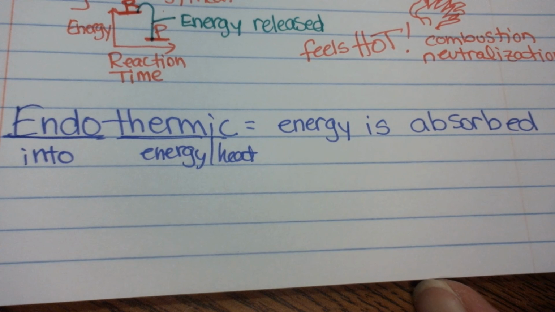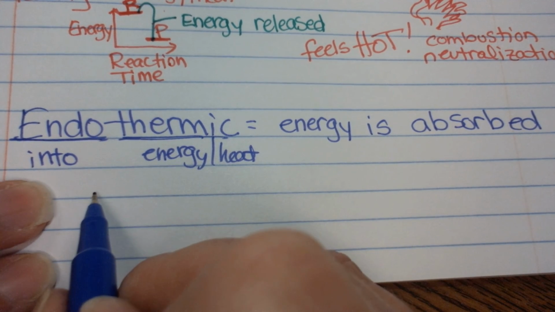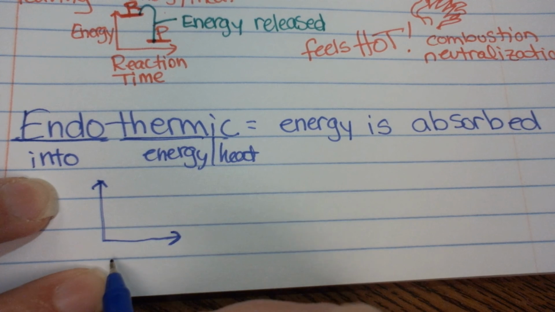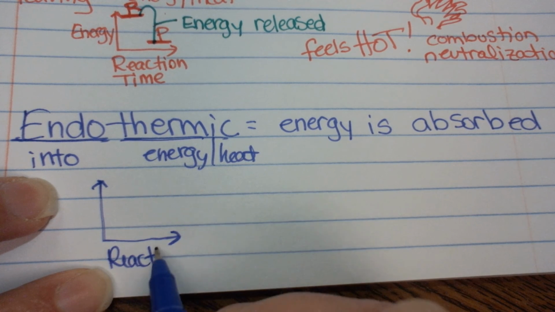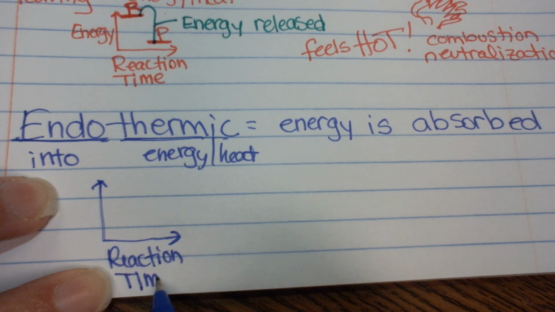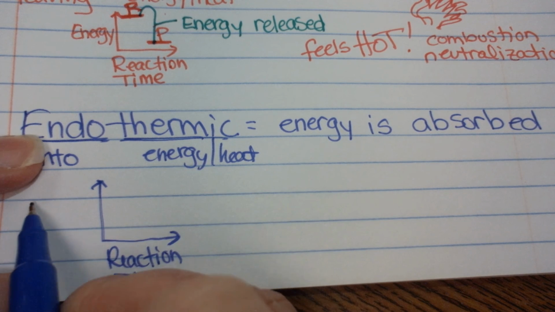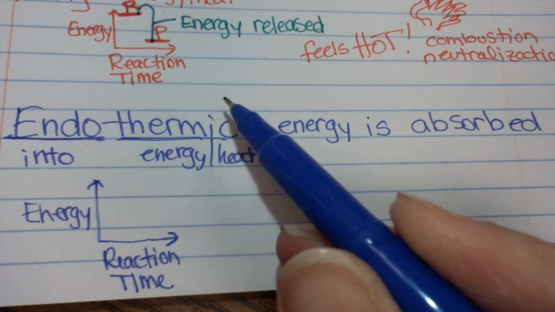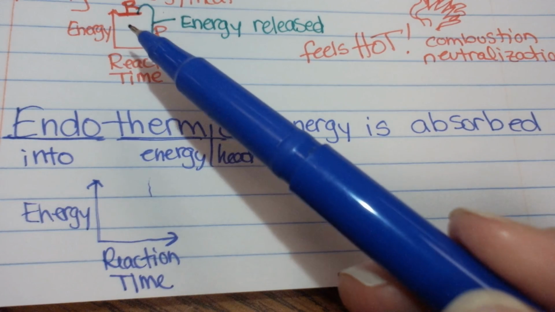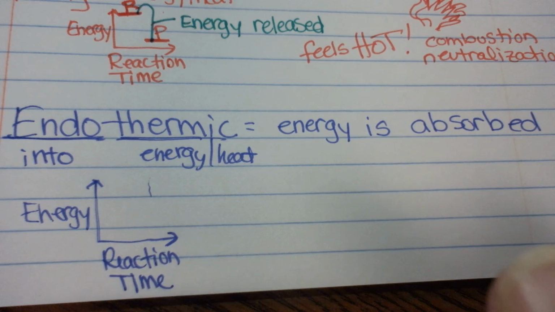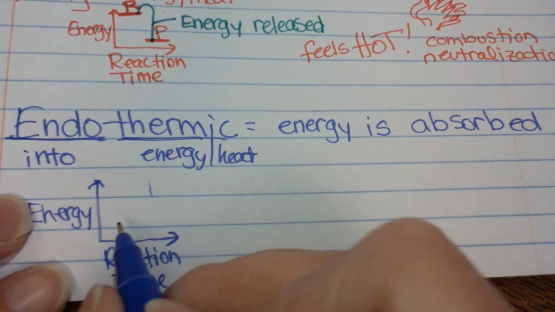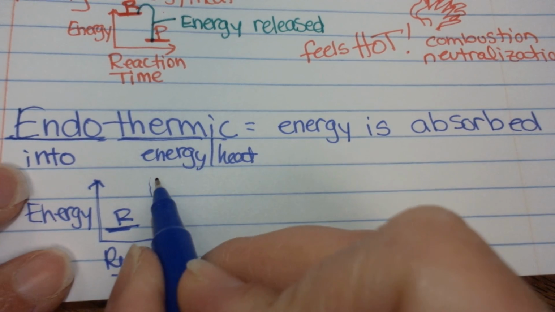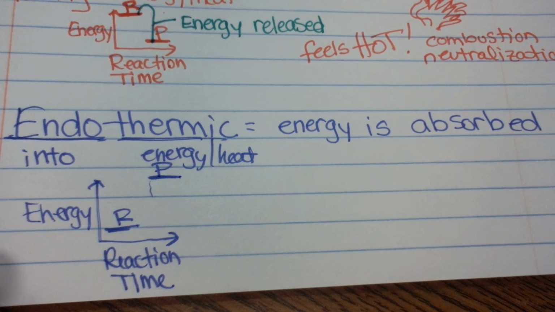So we will also have a graph for this one. Same elements of the graph. We're going to have reaction time on the x-axis. We're going to have energy on the y-axis. For this one, are the reactants going to have high energy or lower energy? Lower energy. And our products are going to have higher energy.